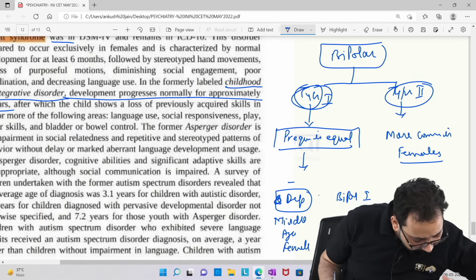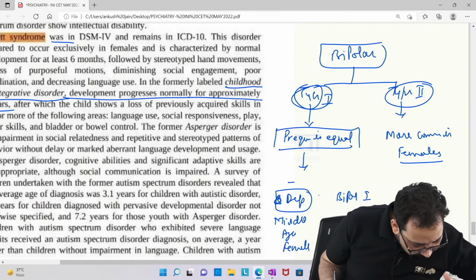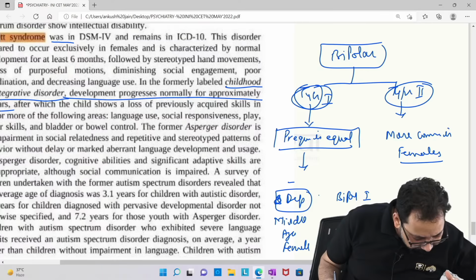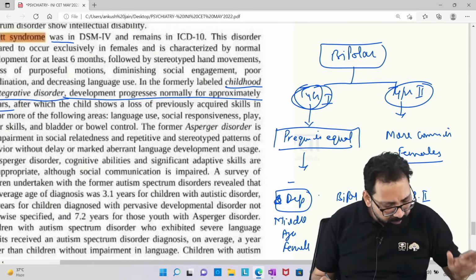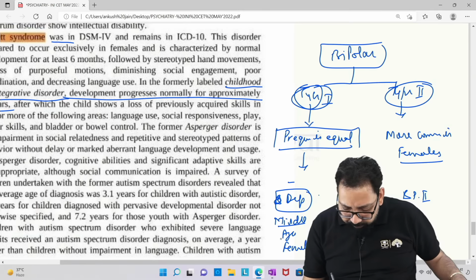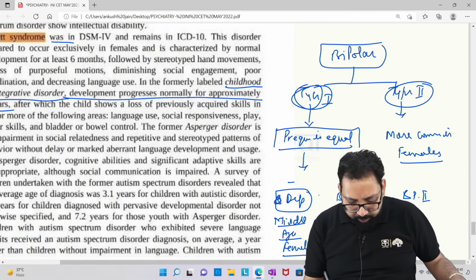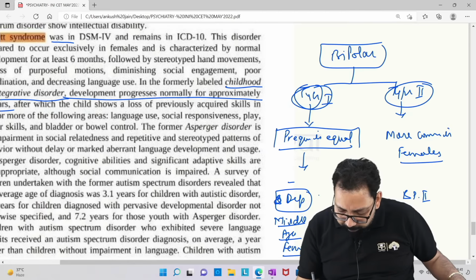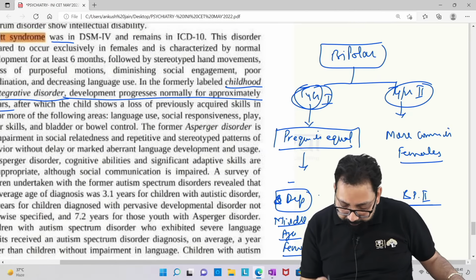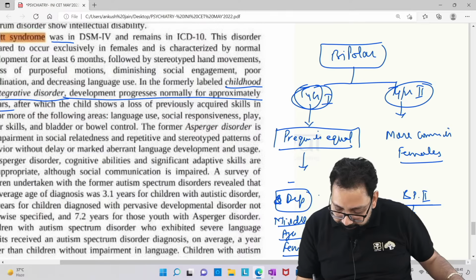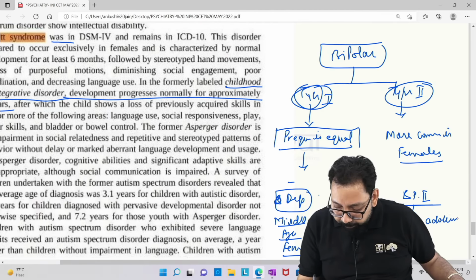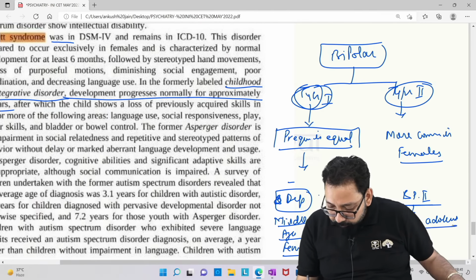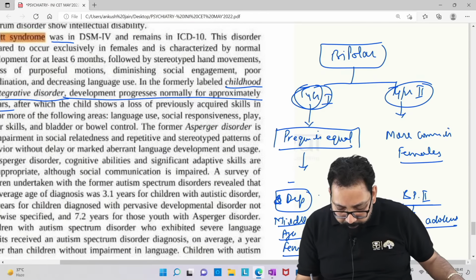Both sexes, don't remember. Anyways, middle age female, depression. Bipolar 1 and bipolar 2, it is said that bipolar 2 is in late adolescent and adulthood.